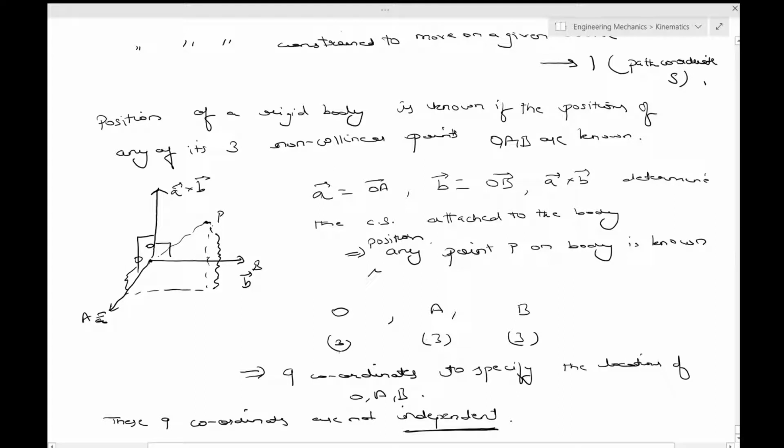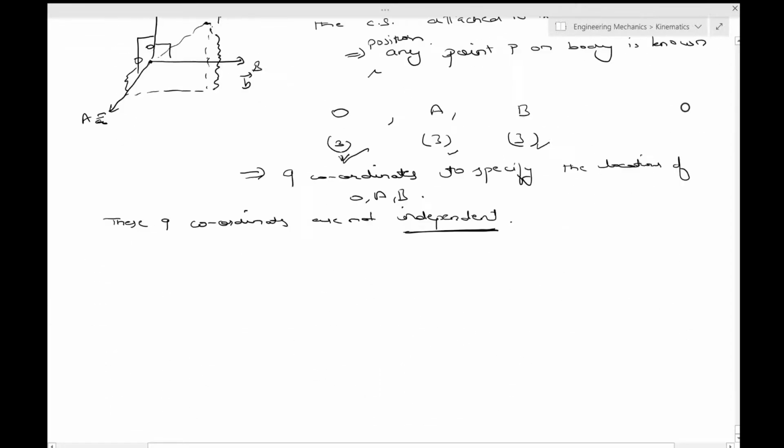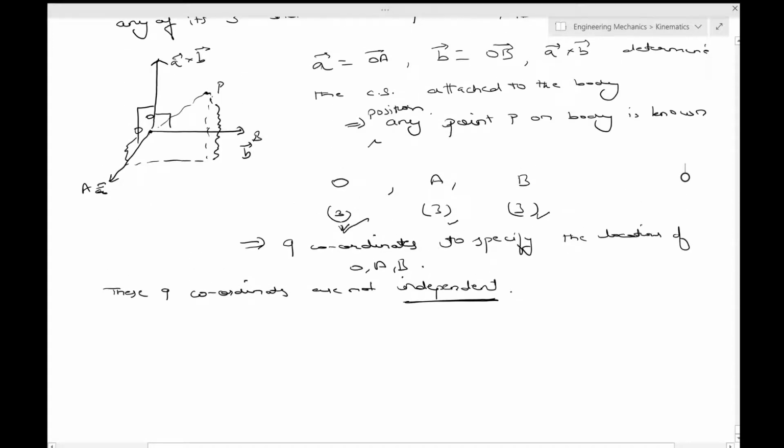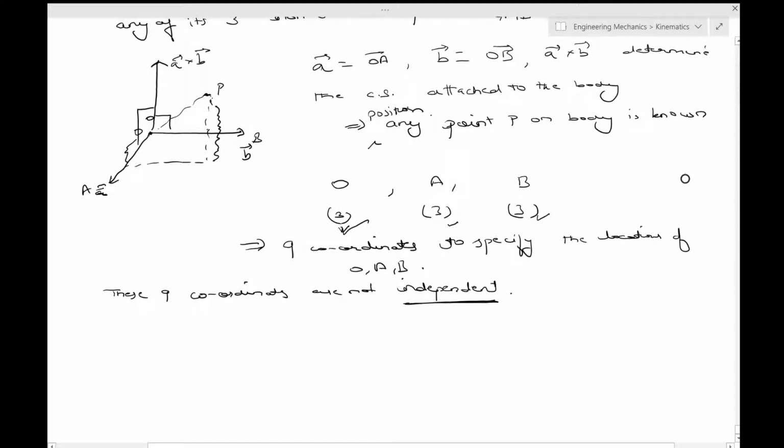I mean, individually x, y, z of O, x, y, z of A and x, y, z of B are all independent, but because this relationship has to exist, it's non-collinear, and the vector A cross B will define this coordinate system, then you can say that they are no longer independent. These 9 coordinates are not independent.